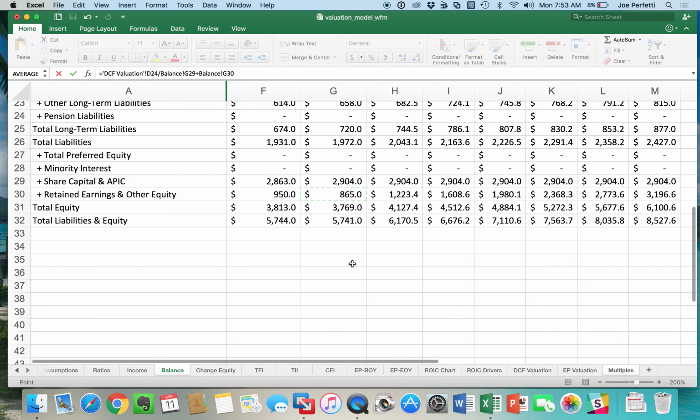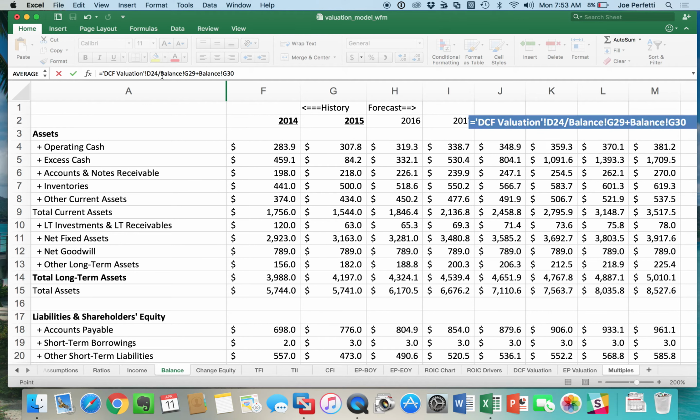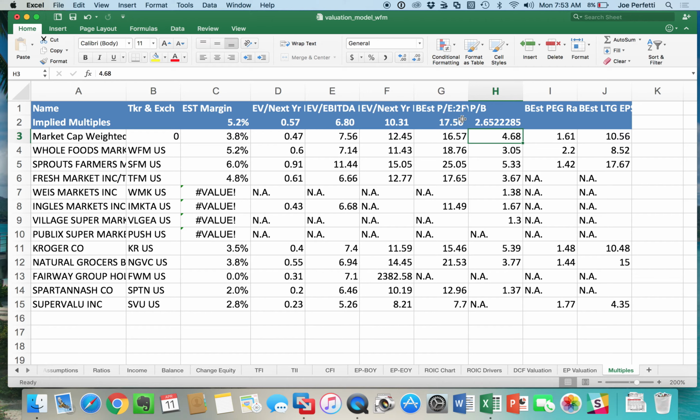So that would be 2015. Put a little parentheses around that, price to book, and that will be our estimated price to book using the model's calculation.